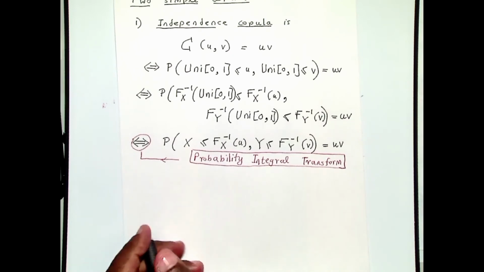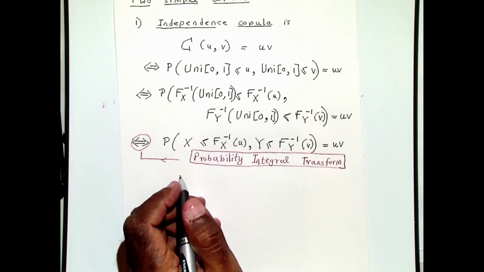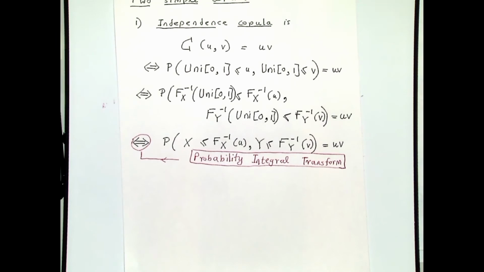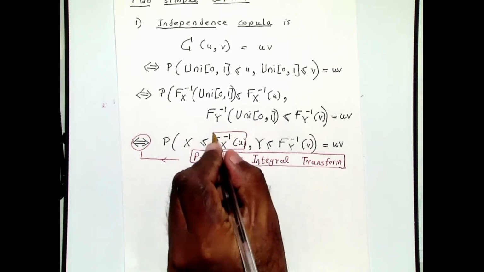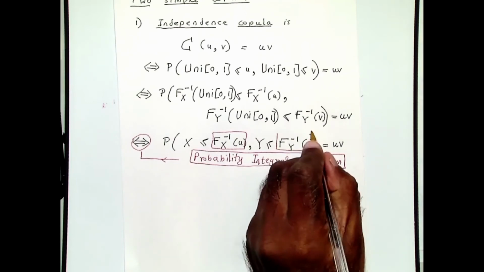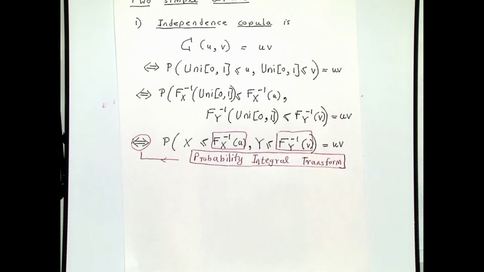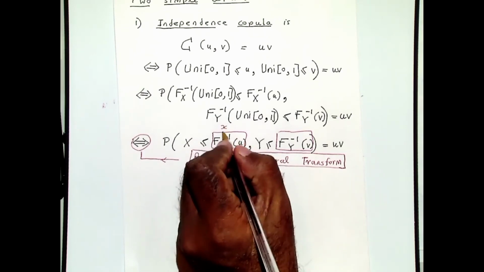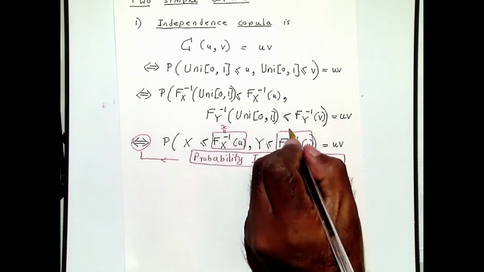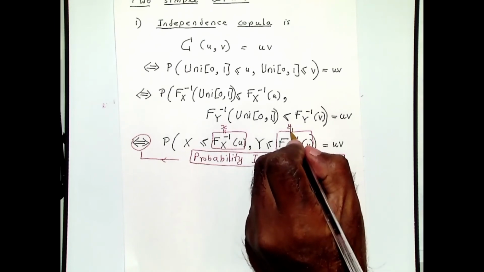Now I'm going to do the following. I'm going to set this equal to little x and this equal to little y.